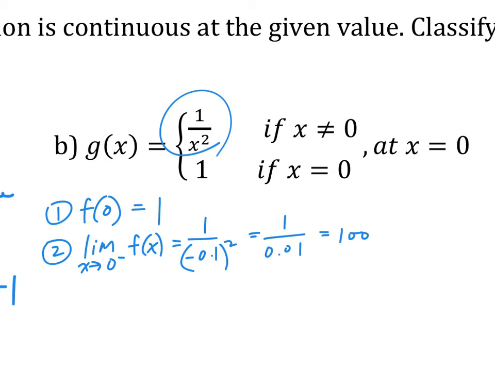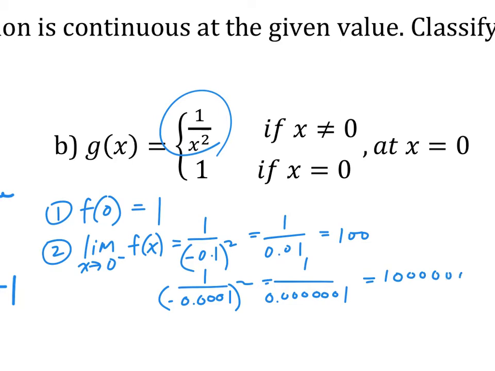So essentially, the closer we get to 0 minus, we can kind of go crazy on this, square it, which is going to give us even more zeros. So what it's saying is that we're just basically getting closer and closer to infinity.